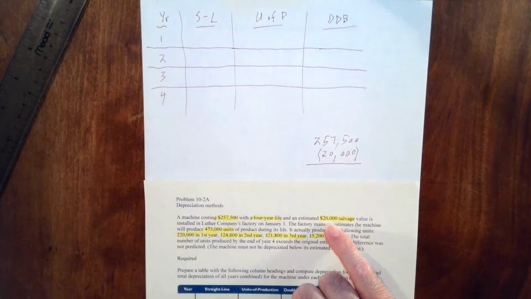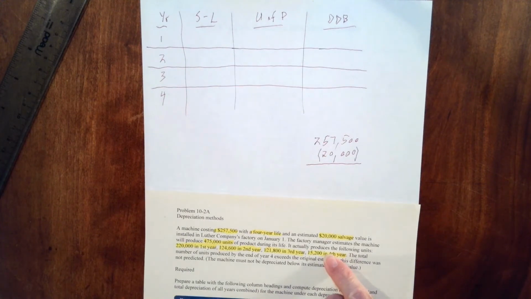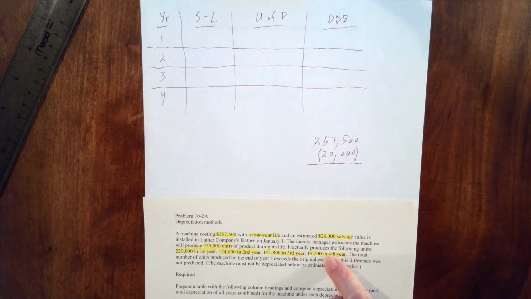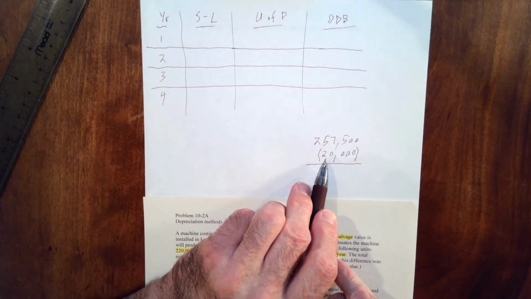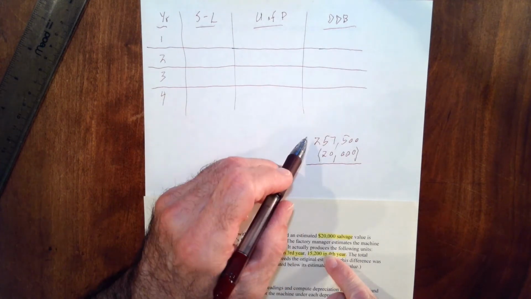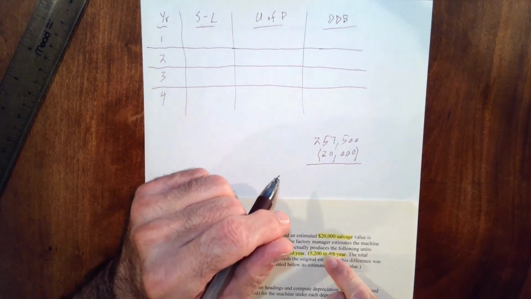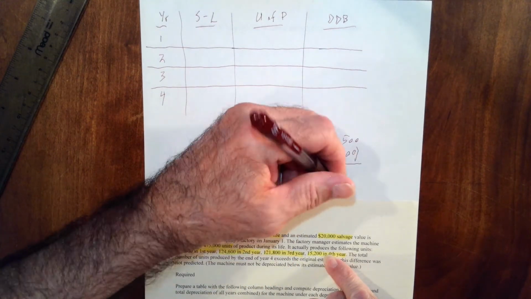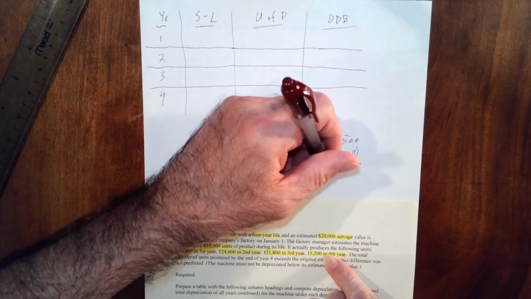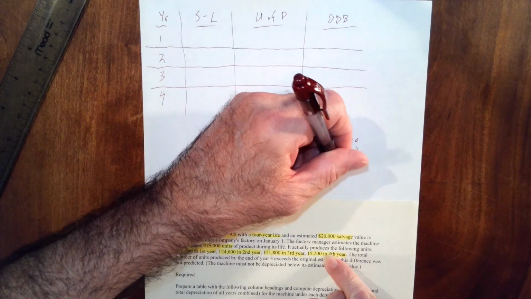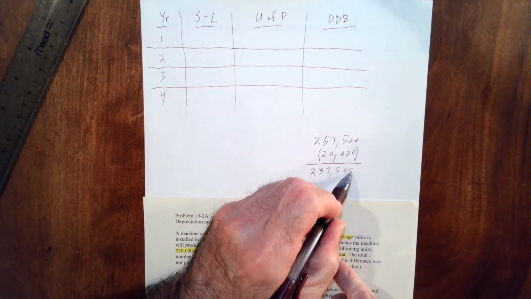You will end up at the end of the 4 years with a salvage value of $20,000, so you have to take this out of the formula before you start calculating how much you depreciate every year. Okay, so now we come up with $237,500, and that's what's going to be depreciated over 4 years.